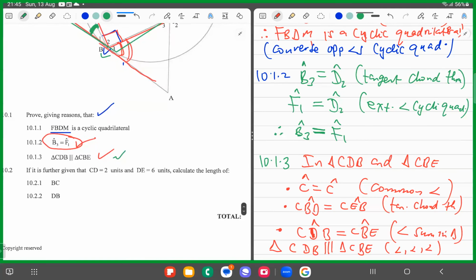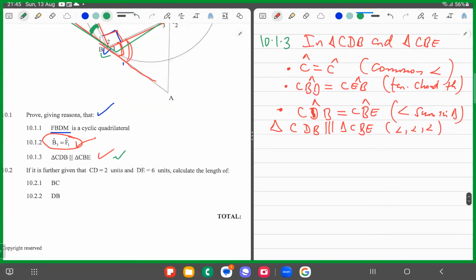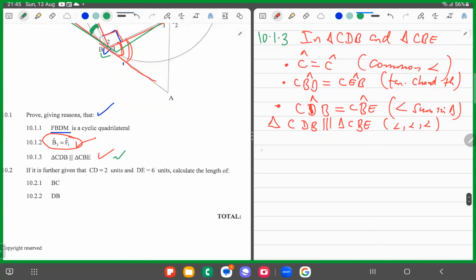And now you're moving to the next question, which is 10.2.1.